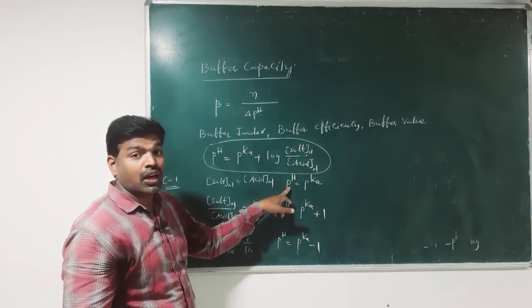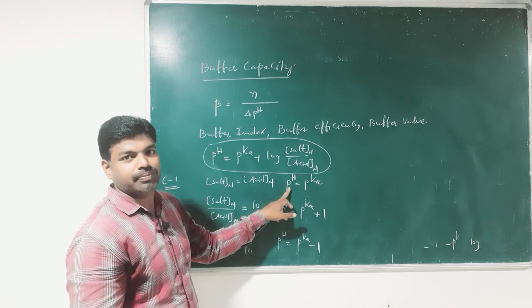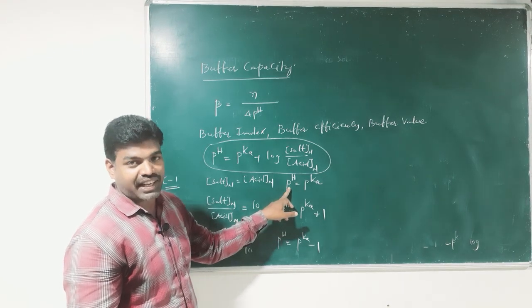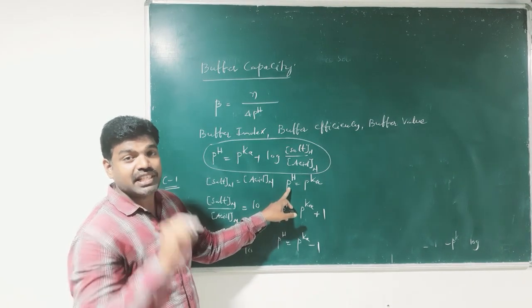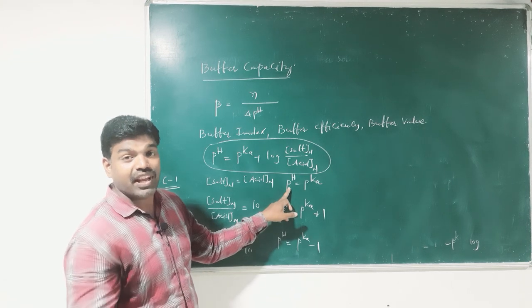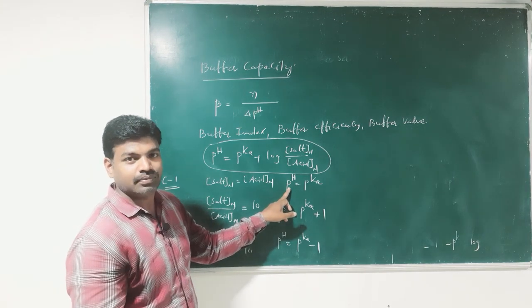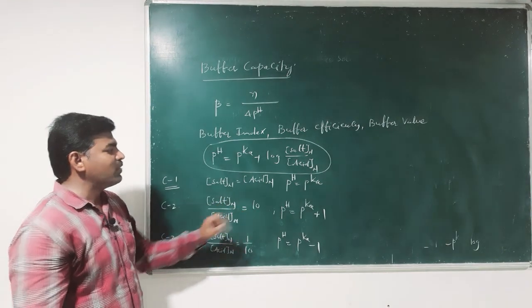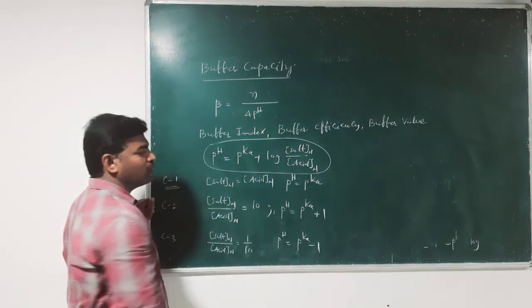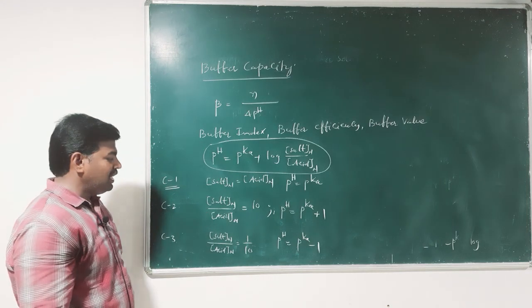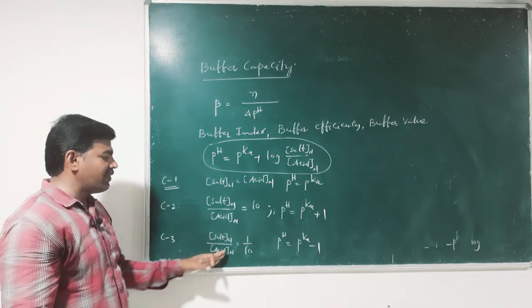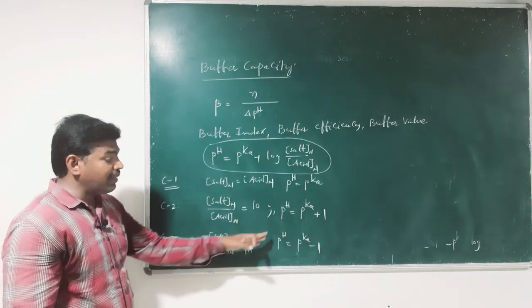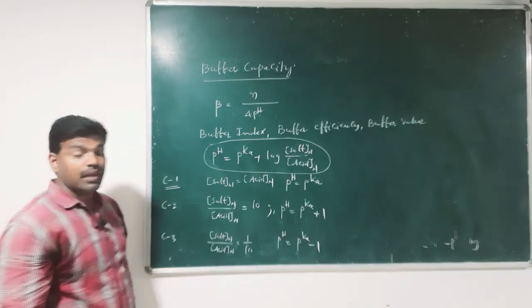So buffer capacity, buffer efficiency, buffer value is maximum when concentration of salt is equal to concentration of acid. If the ratio is 10, then pH is equal to pKa plus 1. If the ratio is 1 by 10, then pH is equal to pKa minus 1.